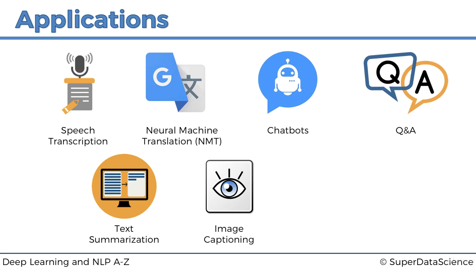So the model needs to remember that there's a dog, it's a black dog, it's a fence, and put it all together. The dog is above the fence, so it's jumping over the fence. Again, we'll talk about this a bit more in the course, but basically the model is able to assess what's going on in the image and then spit out a text transcription or caption for the image.